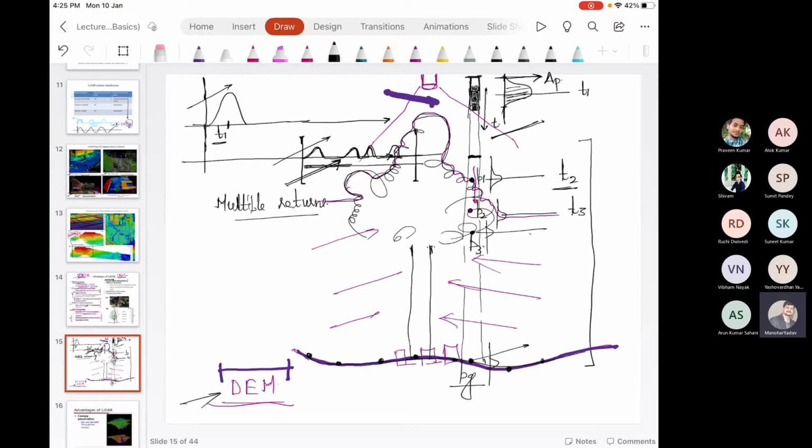The amplitude of the return will further decrease because this amplitude is due to the reflection from the surface. If this target is interacting at P1, it is reflected back at P2, again reflected at P3. From the ground or even from the tree leaves, there will be water content in the rainy season.